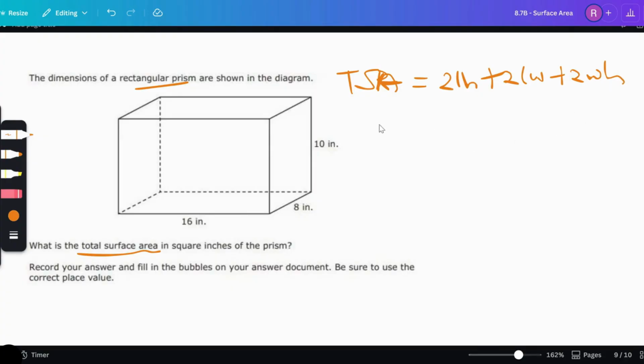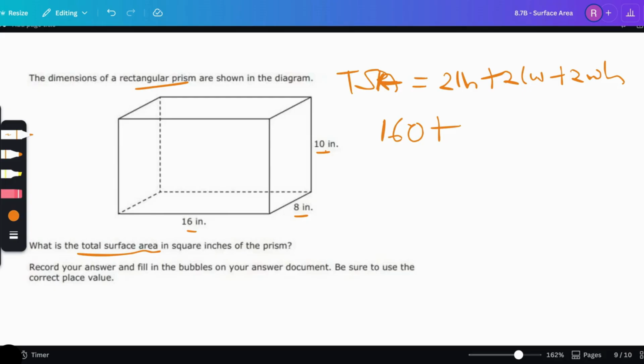So now we have 2 times, we'll pick them 2 by 2. Let's first take 10 and 8. 2 times 10 is 20. 20 times 8 is 160. So this will be 160, then plus, let's now take 16 and 8.